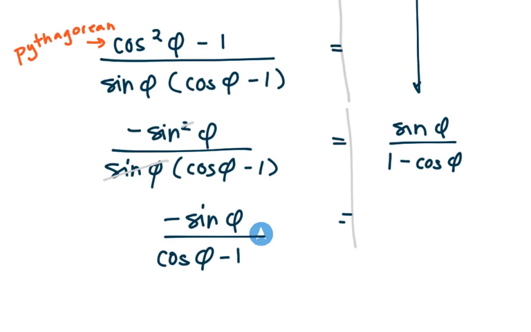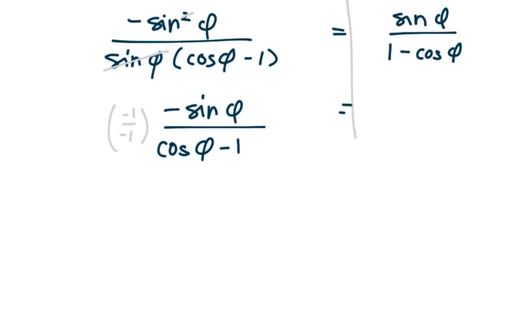Are these exactly the same? Not quite. We have a negative 1 in the numerator. What would happen if I put that negative 1 in the denominator? Or rather, you could think about it this way, multiplying by 1, which would be negative 1 over negative 1.